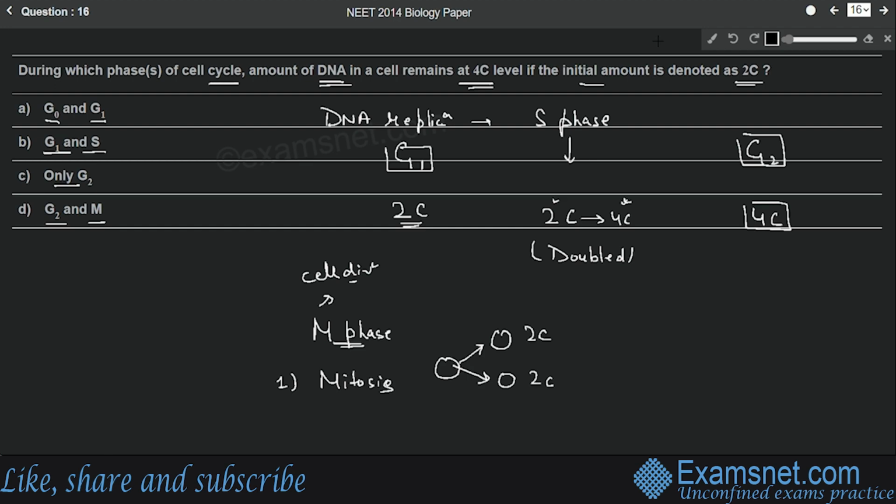Whereas if the type of division is meiosis, then 4 haploid cells will be obtained, and each cell will have 1C amount of DNA. Got it? So the phase during which the amount of DNA remains 4C is only G2 phase. So option number C, only G2, will be the correct answer.